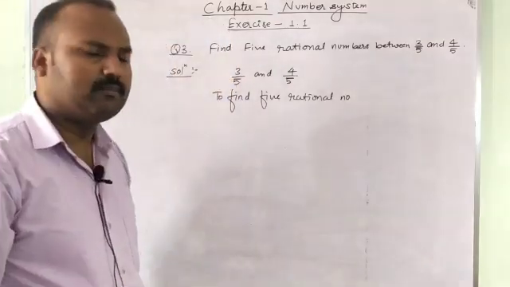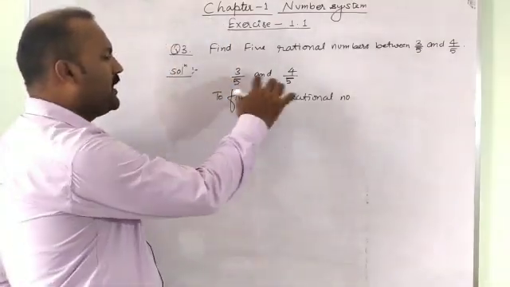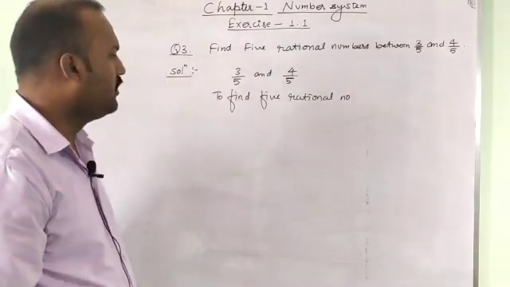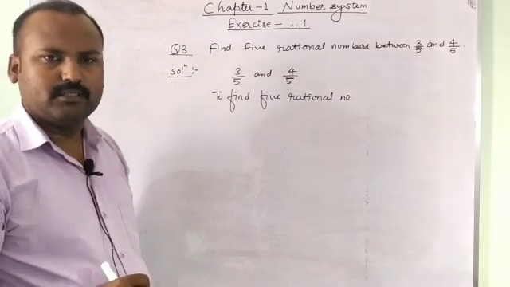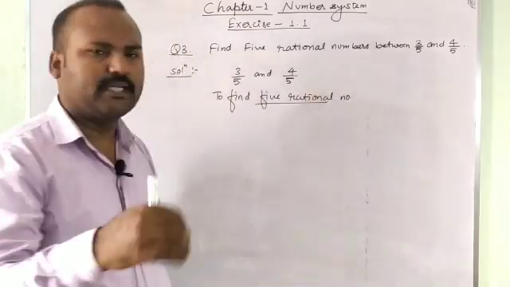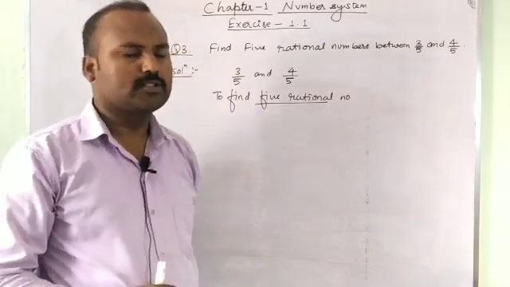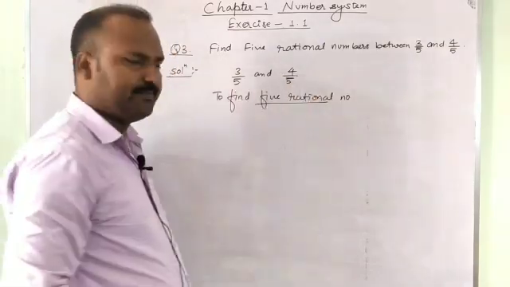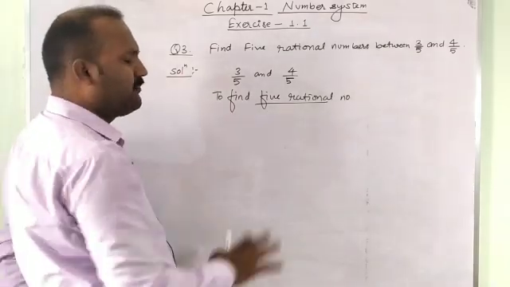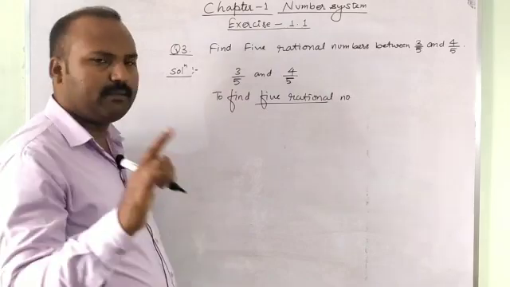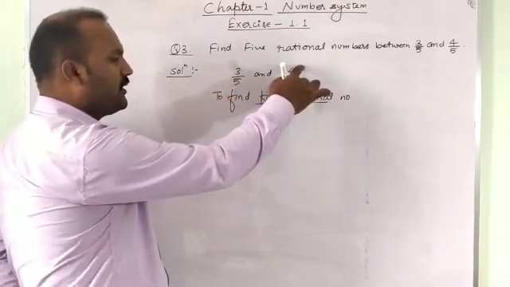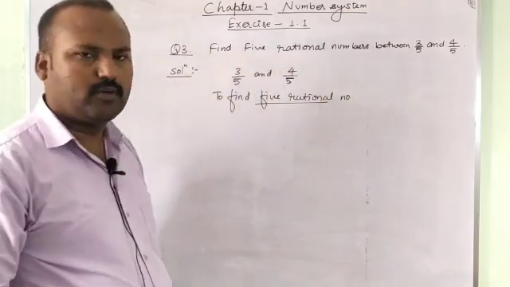To find 5 rational numbers, if the denominators of the fractions are equal, we have to multiply by a certain number. The number depends on the number of rational numbers that we have to insert between these numbers. How many numbers do we have to find? 5. Then we have to multiply by 6 in the numerator and denominator of this fraction and of this fraction also.